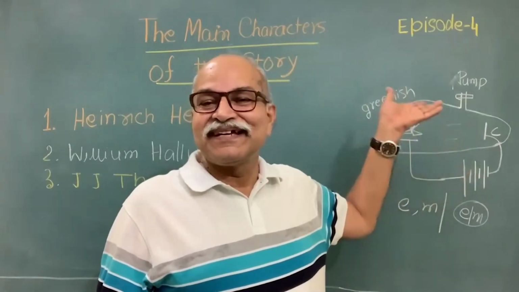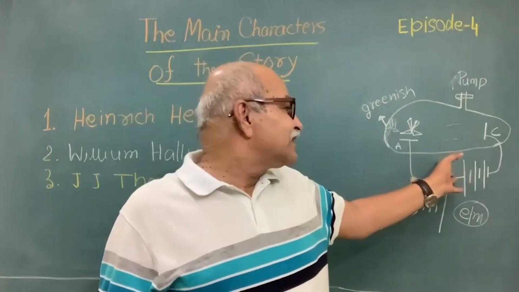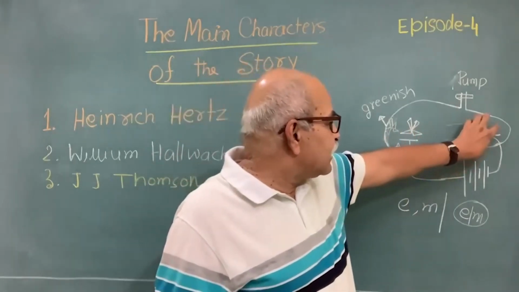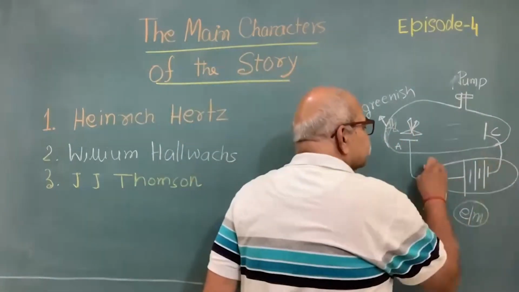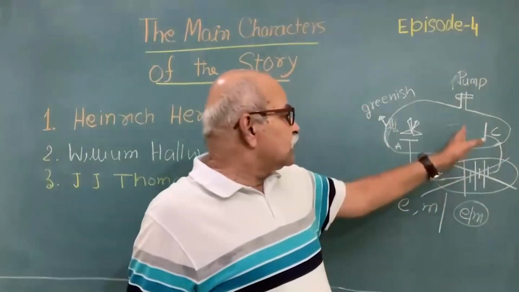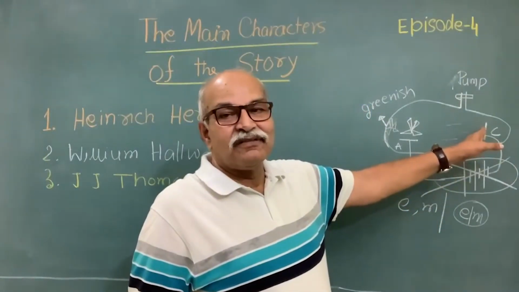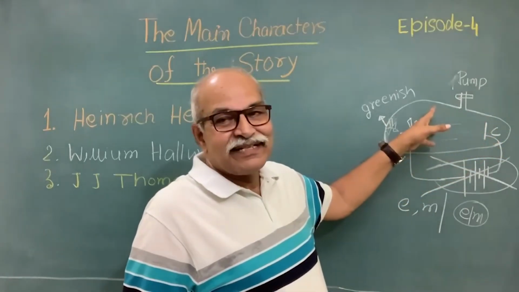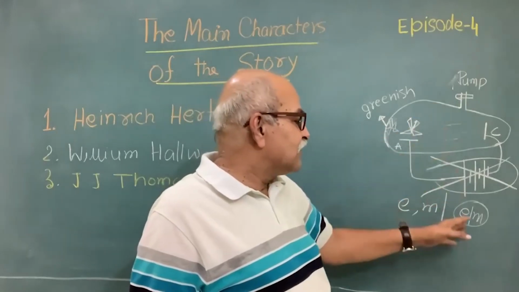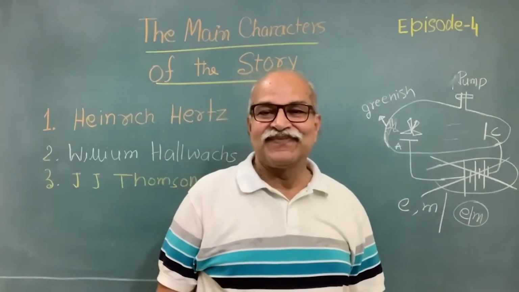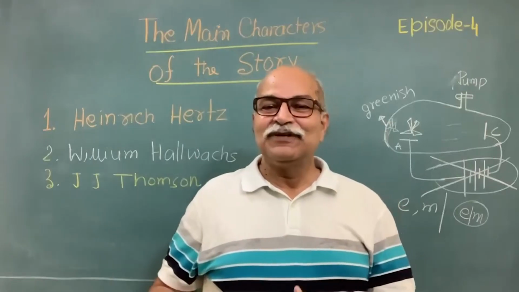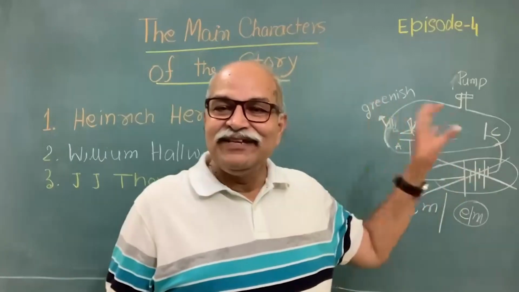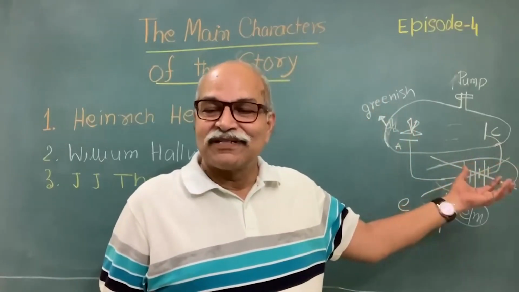He also did a separate experiment, and then showed that okay, if you shine ultraviolet light on this, don't apply any voltage, but shine ultraviolet on this cathode, and again those cathode rays are emitted with the same E by M ratio, right? So that is how he also confirmed photoelectric effect, yes, by shining UV light on cathode, electrons are ejected from there.